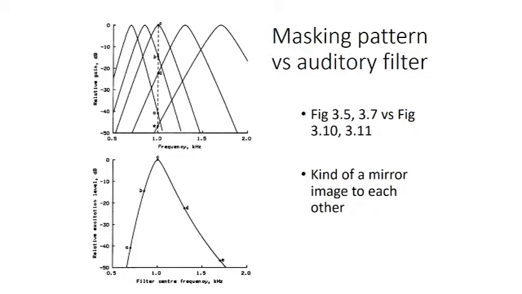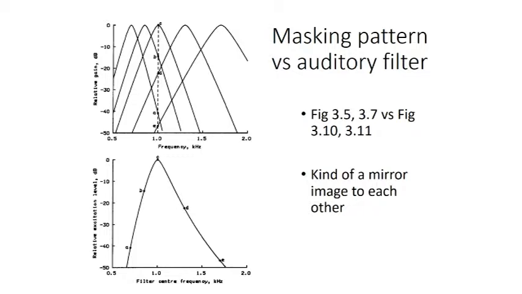So we have several filters. When we are given a tone of a certain frequency, we use that filter, and for other frequencies we use other filters. That's the concept of the auditory filter.